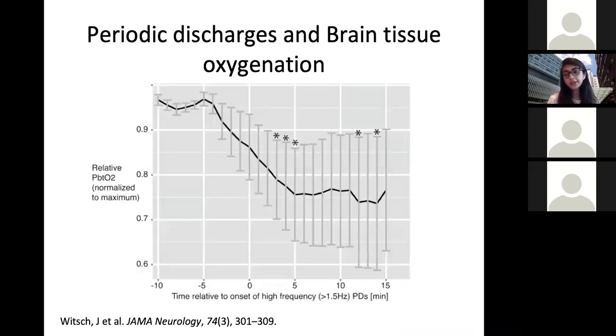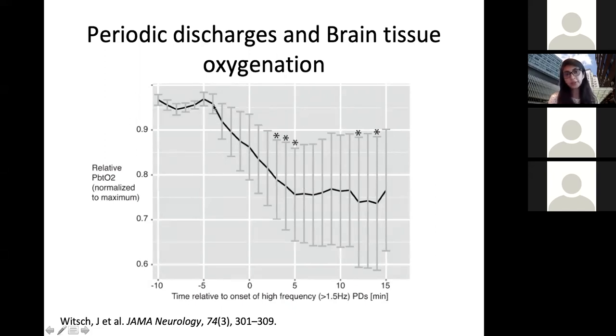Similarly, this is work that was done by the Columbia group, and they looked at brain tissue oxygenation in association with periodic discharges measured on depth EEG monitoring. This is time point 0, where high frequency periodic discharges are seen on depth recording. And in association with these high frequency periodic discharges, they saw a significant reduction in brain tissue oxygenation.